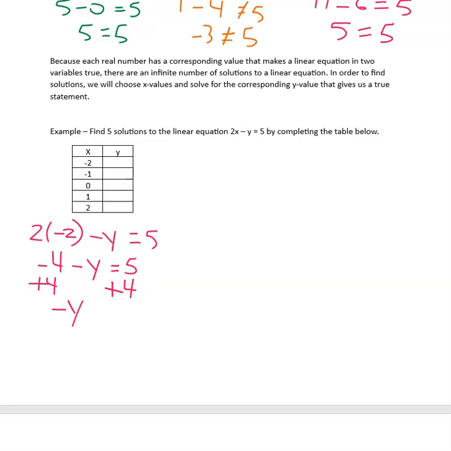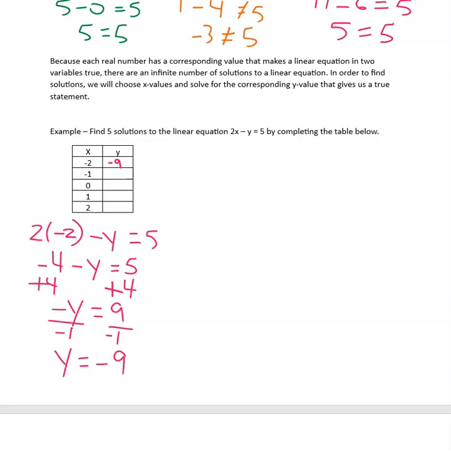However, notice I'm not quite done because the y is still negative, so I need to divide both sides by negative 1 to get y completely isolated. So when x is negative 2, y has to be negative 9. So the ordered pair (-2, -9) would be one solution to the equation 2x minus y equals 5.